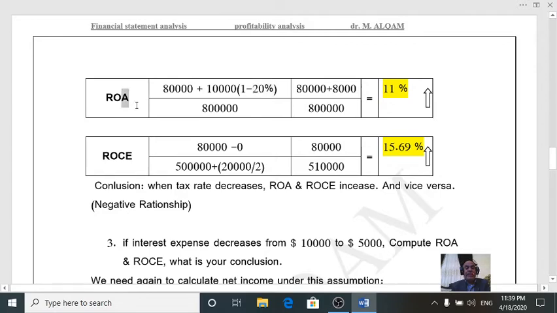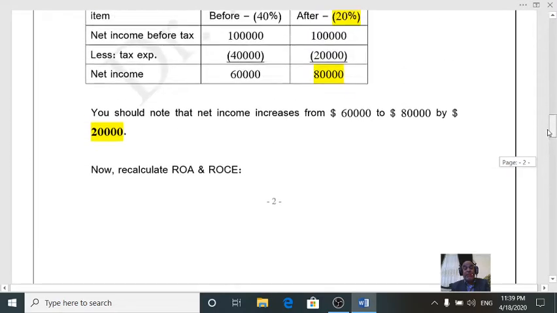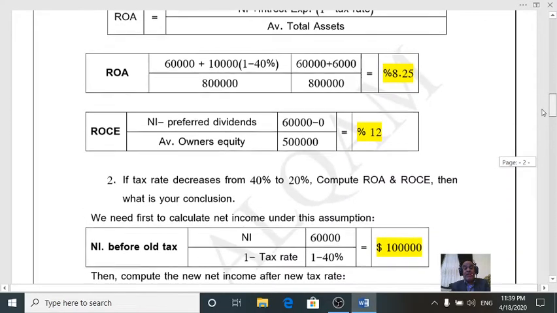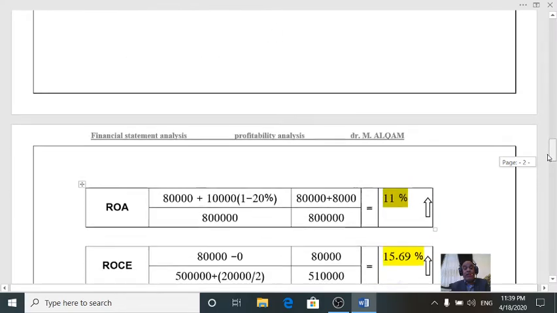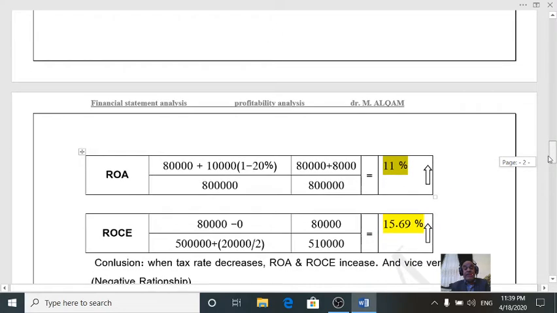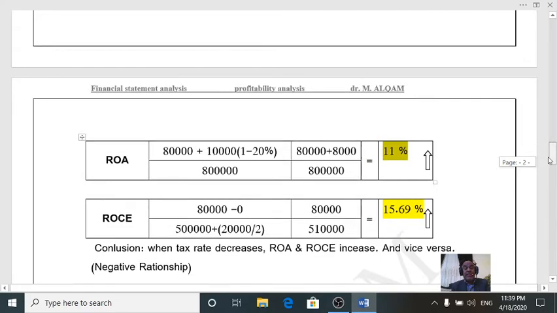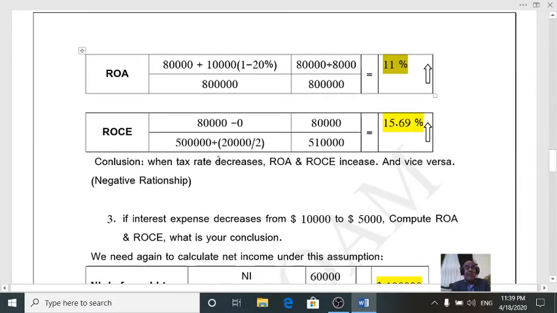So return on assets will be 11%. You can note that the previous return on assets was 8.25%, but now it is 11%. This means that return on assets increases, and return on common equity also increases.